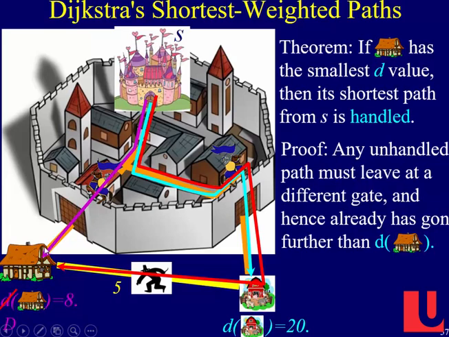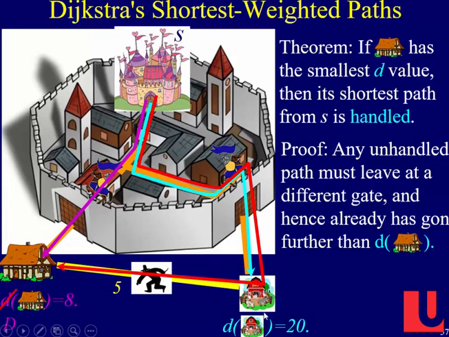What we want to prove is that the shortest path to this thing is, in fact, the handled one, i.e. this one of length 8. The 8 is the shortest handled path. We want to show that it's the shortest overall path. Why is that? Well, if there was another path that wasn't handled, going through this node, you look at the handled piece that wanders and then gets to here. Up to here, it's handled.